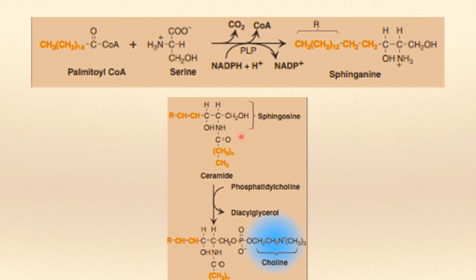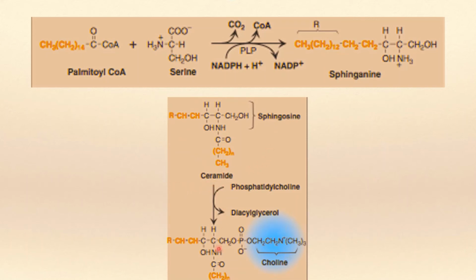So the amino group of the sphingosine is involved in the formation of the amide linkage with the long chain fatty acid, and the product formed is known as a ceramide. And this ceramide is just like a phosphatidate. Phosphatidate is the common intermediate for triacylglycerol and other phospholipid synthesis. Likewise, in sphingolipids, ceramide is the common intermediate for the synthesis of the sphingophospholipids.